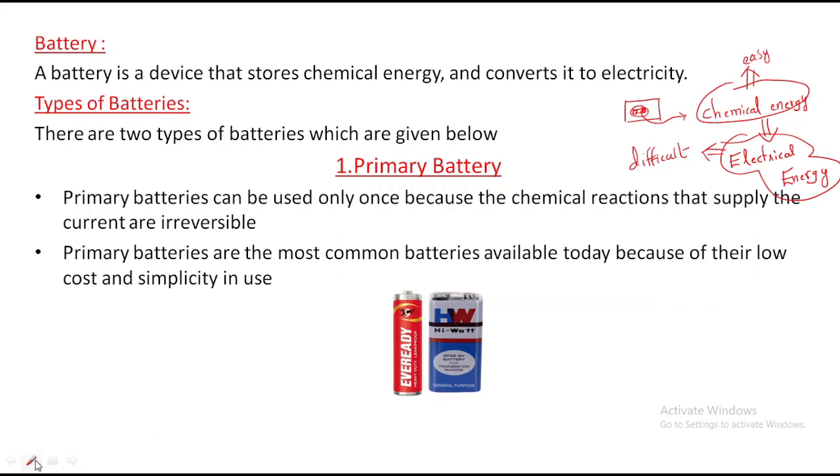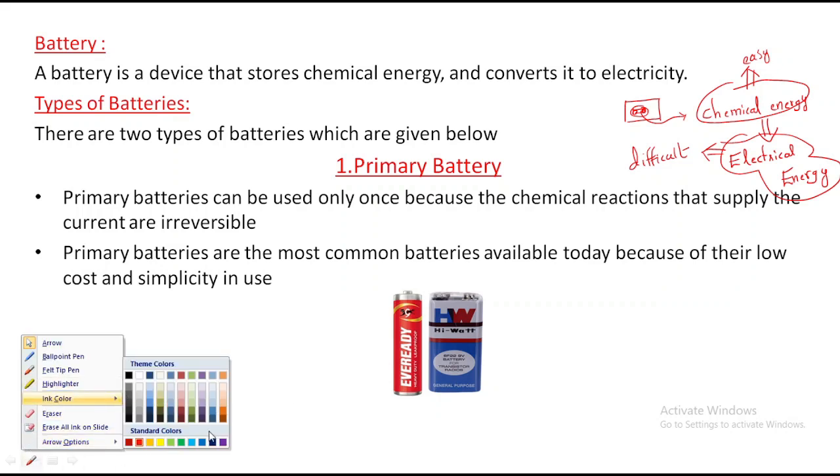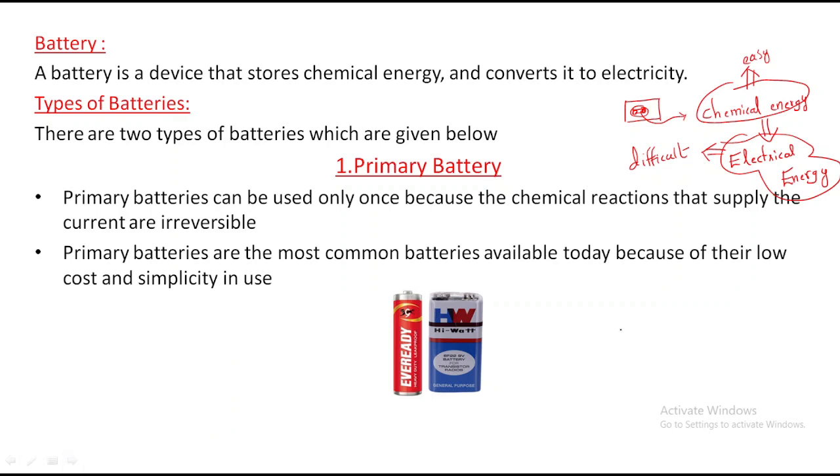In this battery, the chemical inside it holds the chemical energy. Whenever it is connected to a load, that becomes electrical energy. But converting the electrical energy back into chemical energy is not possible in these primary batteries.